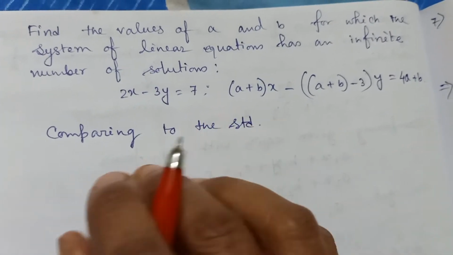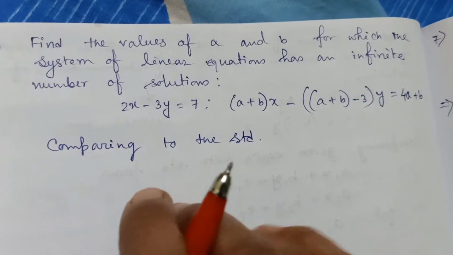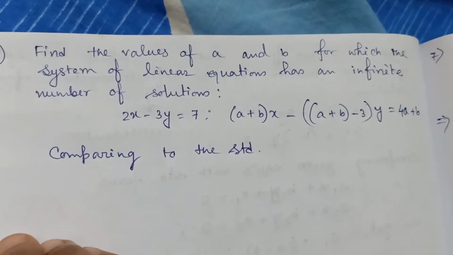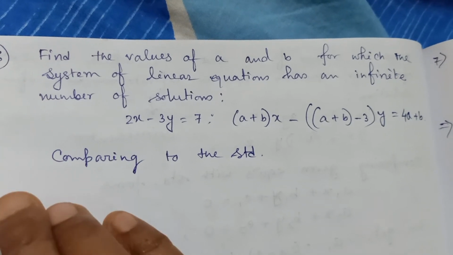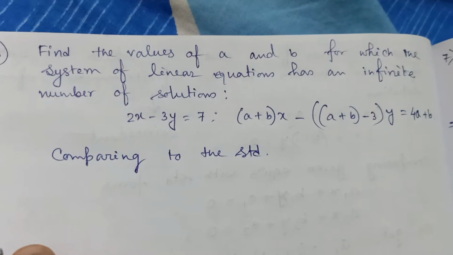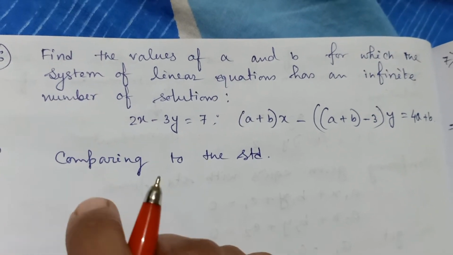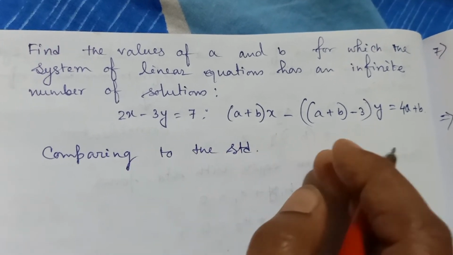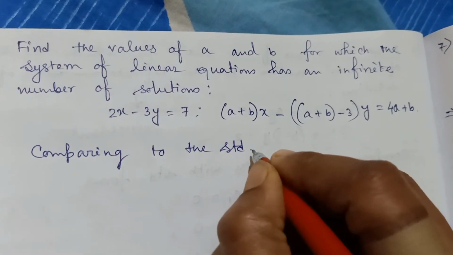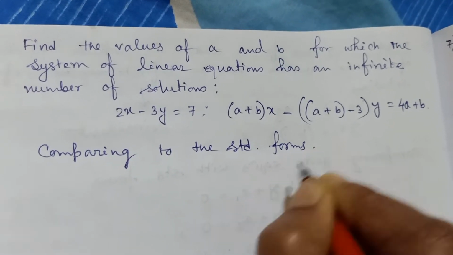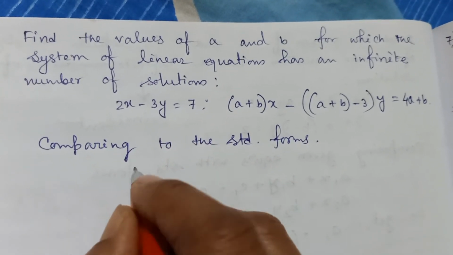Now I am writing a little bit in a short way because I have already written in the first question what should be exactly written for your board exam answers, according to the marking scheme. Now I am just doing it in a shortcut method, as you can see.